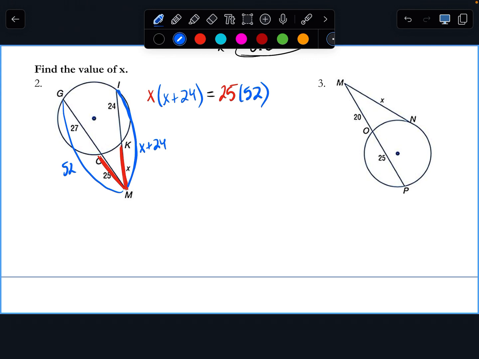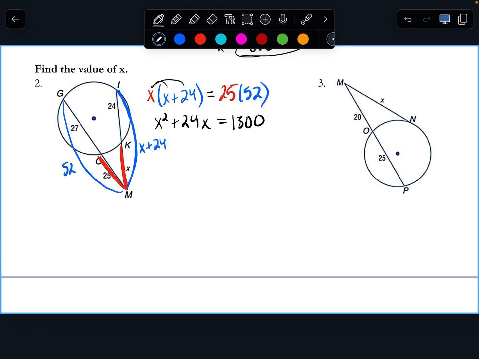Okay, so sometimes they give you the whole length too, so that's hopefully not as bad. So now you're just going to distribute, and you might notice already that it's going to be a hard one, because, and then this I think was 1300 from what I remember. And we've got a quadratic.